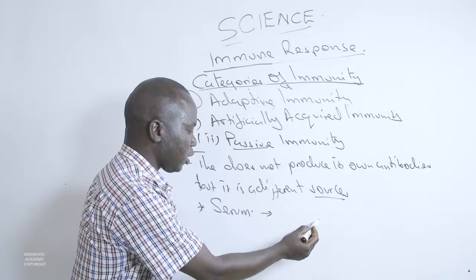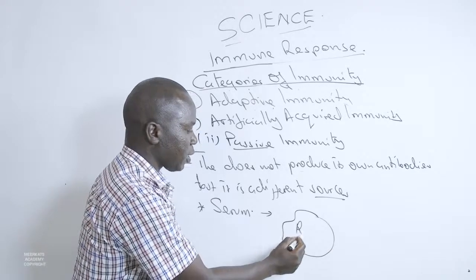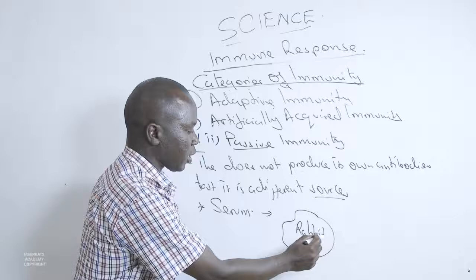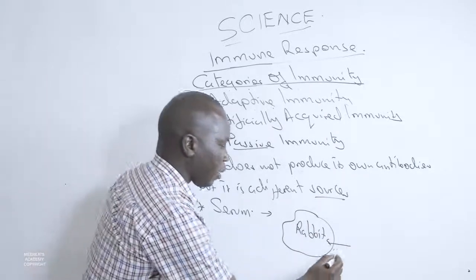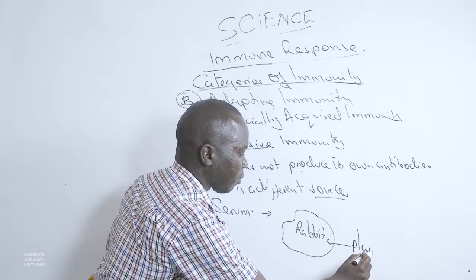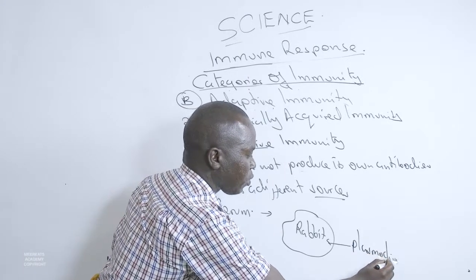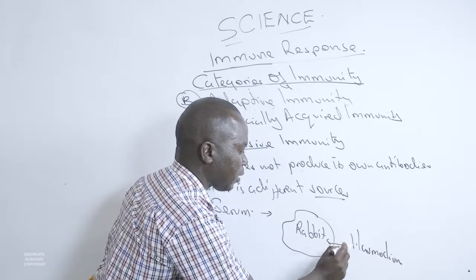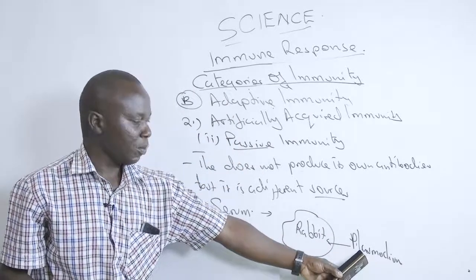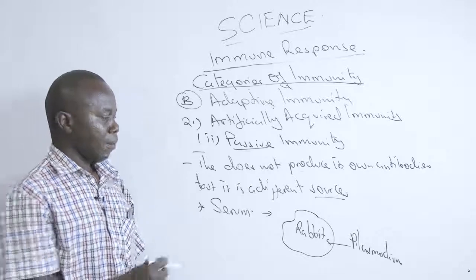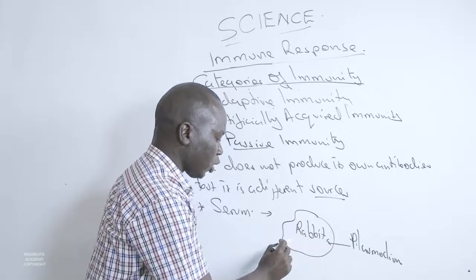You can inject into maybe this rabbit a strong pathogen, Plasmodium, into the body of this rabbit. The rabbit is going to react to Plasmodium by producing antibodies.